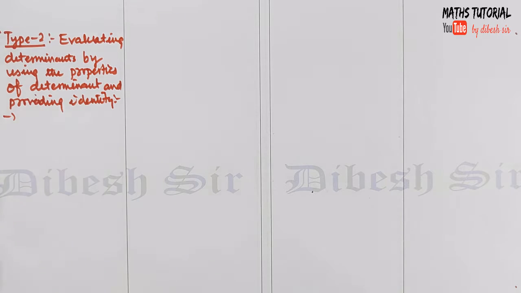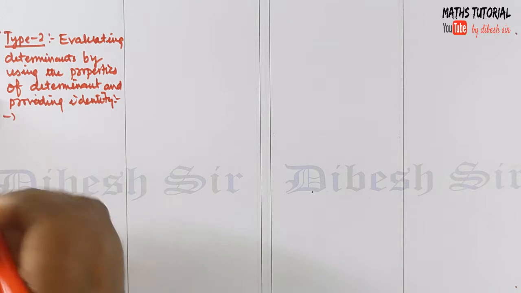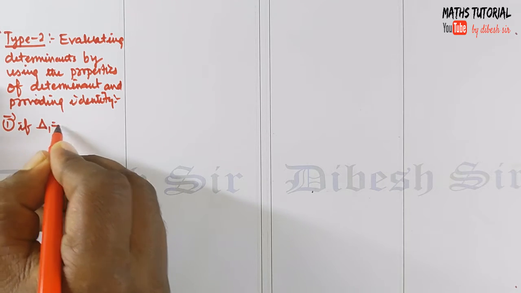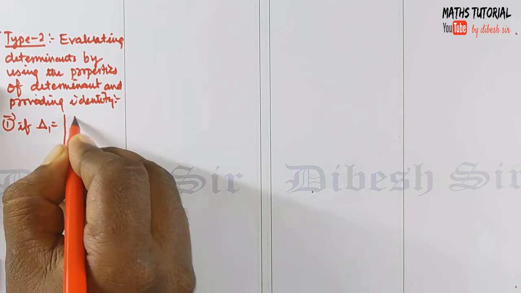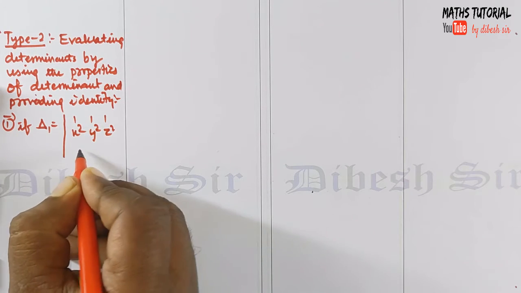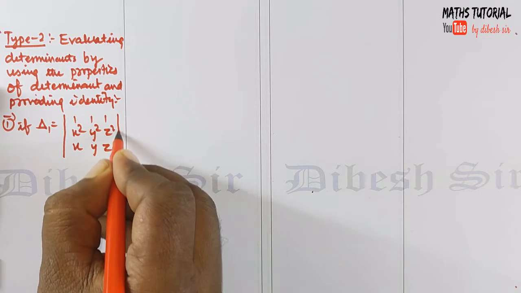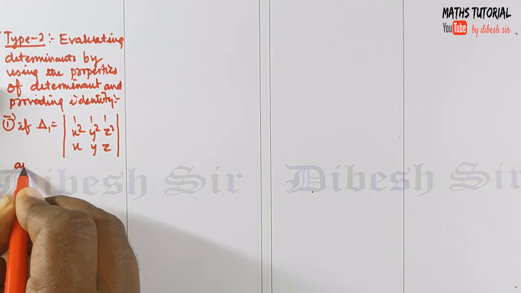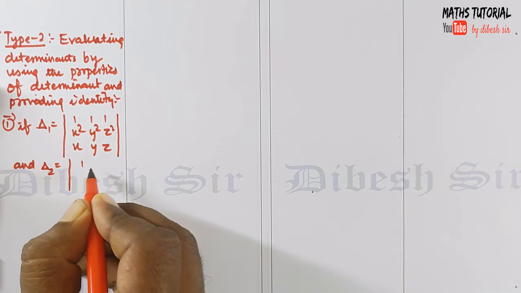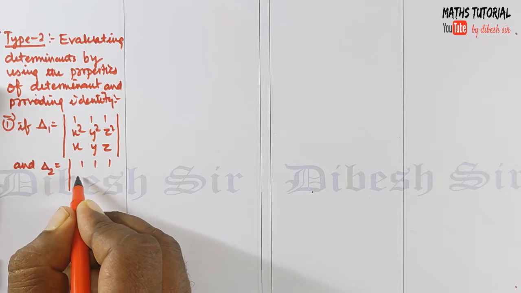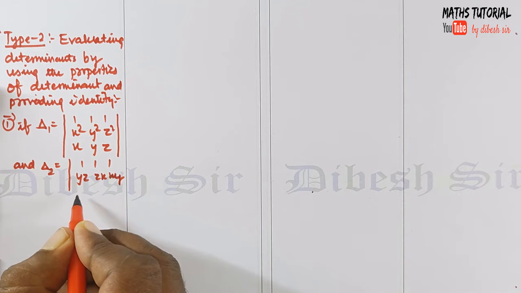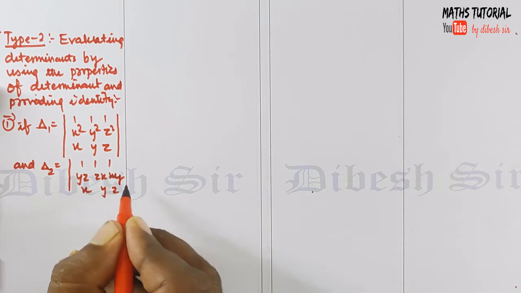So let's understand what it is. Question number 1: if delta 1 is equal to the determinant 1 1 1, x square y square z square, x y z, and delta 2 is equal to the determinant 1 1 1, yz zx xy, x y z.